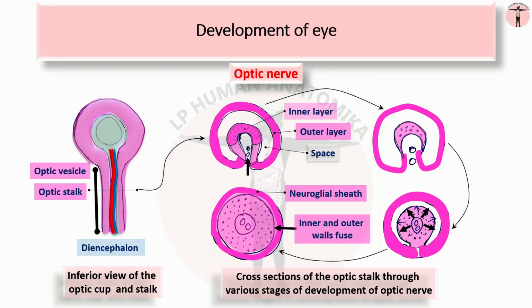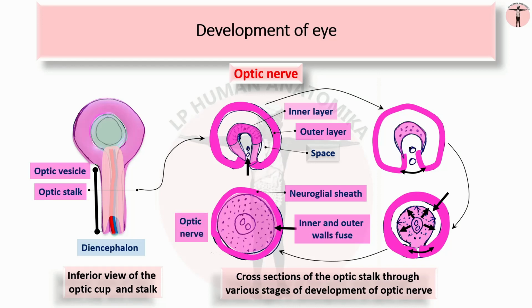During the 7th week, the choroid fissure closes and a narrow tunnel is formed inside the optic stalk, which is obliterated later by the fusion of inner and outer walls. Cells of the inner layer provide a network of neuroglia that support the optic nerve fibers. The optic stalk is thus transformed into the optic nerve.